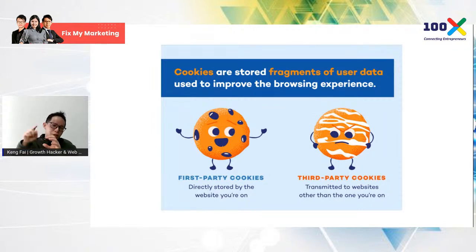When you select something and drop it into your cart, they actually store something in your cookie. So by the time you visit back to the website with the same browser, they will know you came back before, and this is your stuff in your cart. So why not check it right now? That is how first-party cookies work, stored directly by the website that you're on. That's called first-party data.